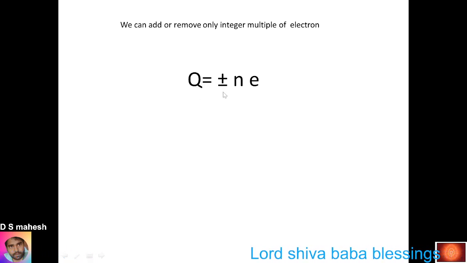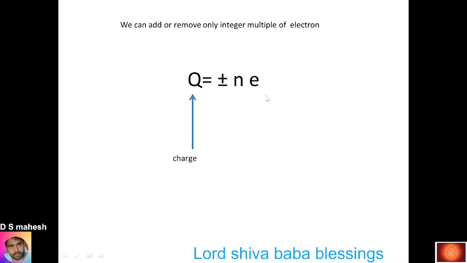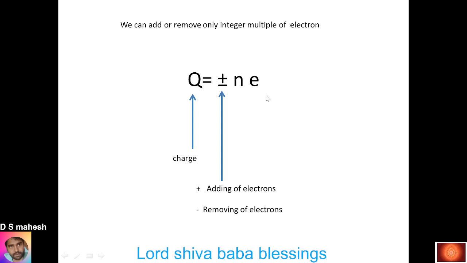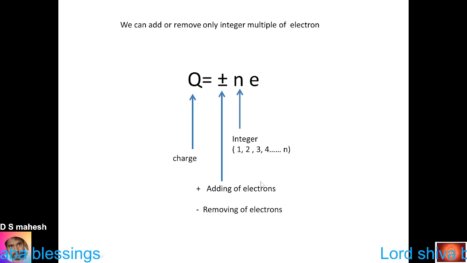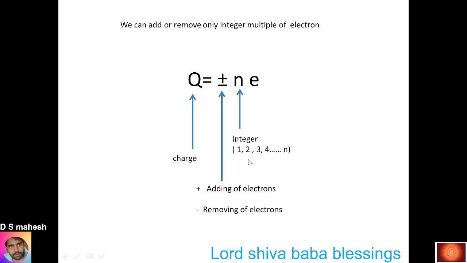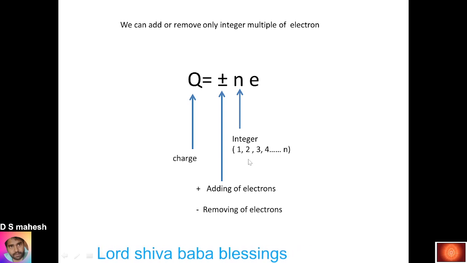Q is equal to plus or minus n into e, where Q is the charge. The plus symbol indicates adding of electrons and the negative symbol indicates removing of electrons, and n is the number of electrons that is added. It should always be an integer, that is 1, 2, 3, 4 or any integer number. It cannot be a fraction like 1.2, 2.4.